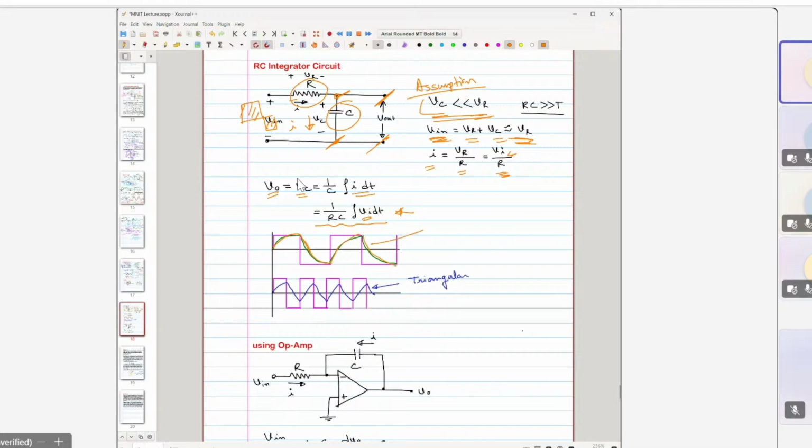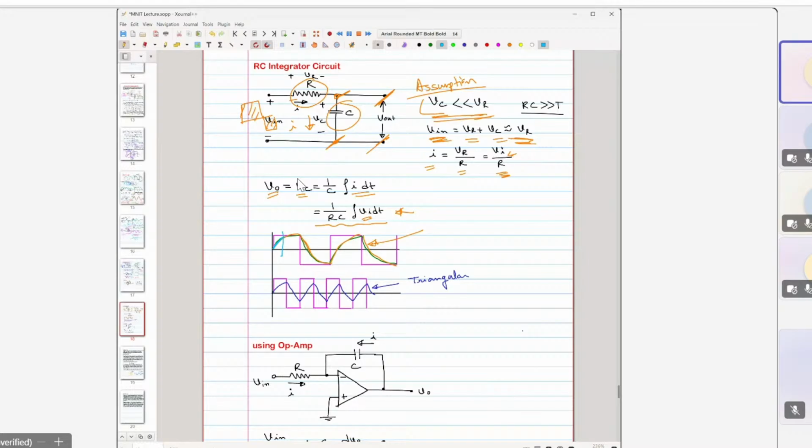But the output wave obtained from this circuit is really very far from a triangular wave. So what is the solution? The solution is that if we cut short the time period, meaning we make this time period really small, then this part looks like a really straight line.